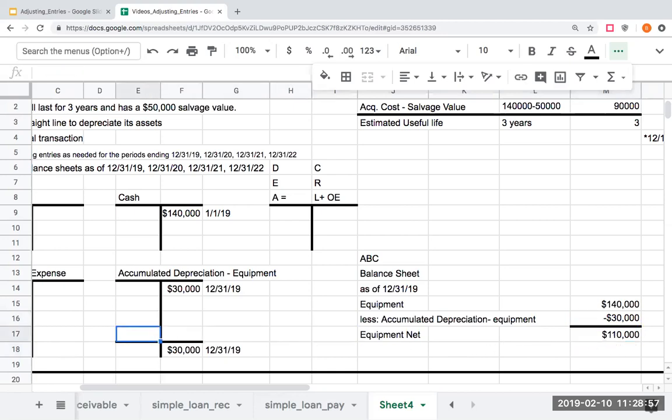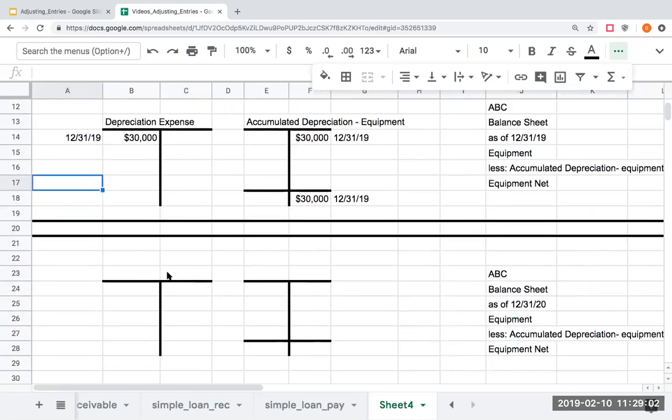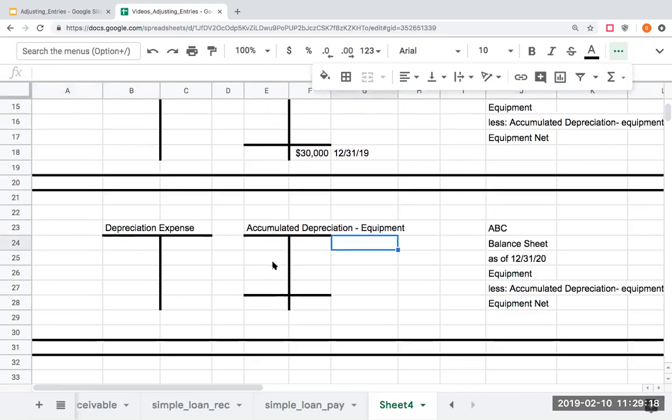So let's now go to the second year. For the second year, my accumulated depreciation balance is still going to be with us. And at the same time, I'm still going to be recording depreciation expense for the following year.